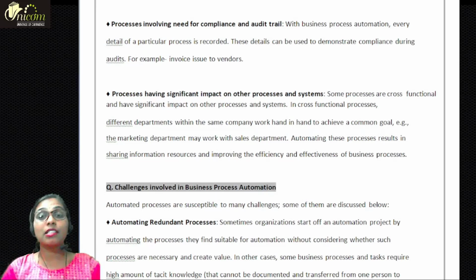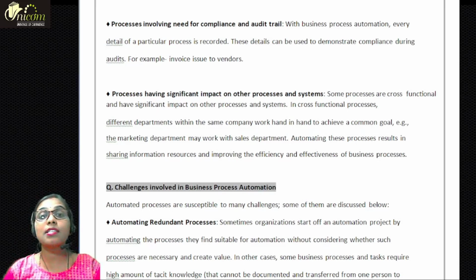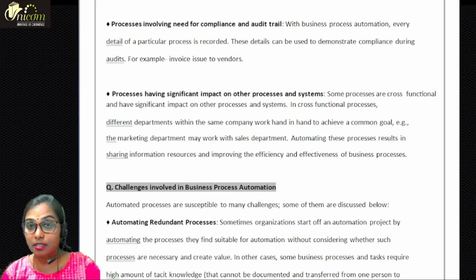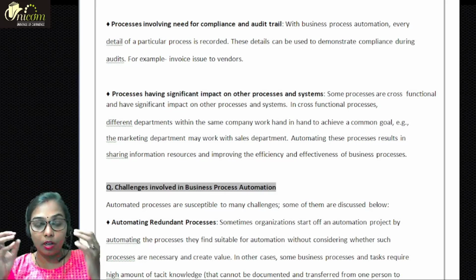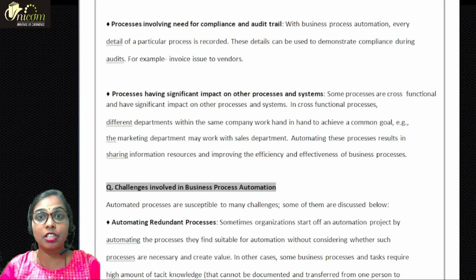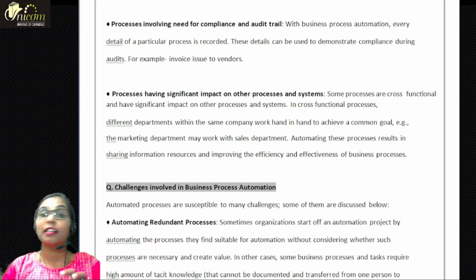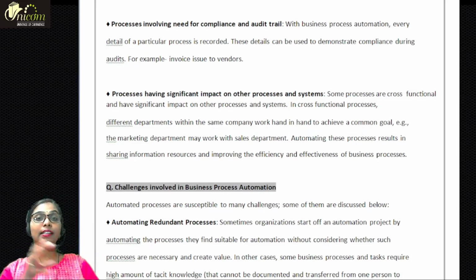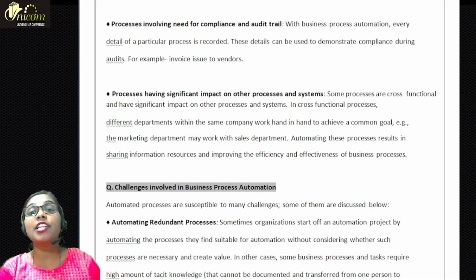And the last type of process where automation is mostly necessary is processes having a significant impact on other processes and systems. For example, in one organization, the HR department is related to the finance department, and the finance department is related to the mechanical or engineering department.